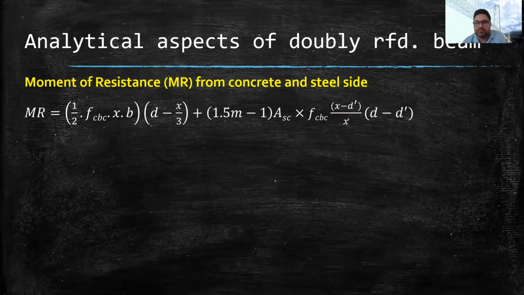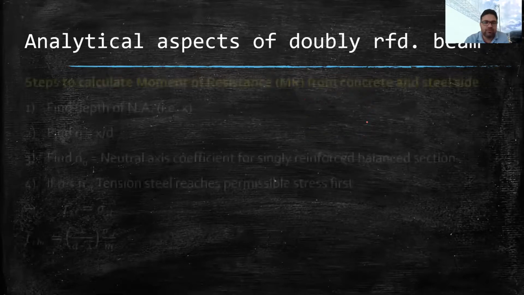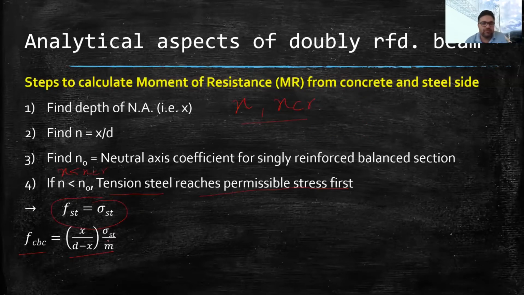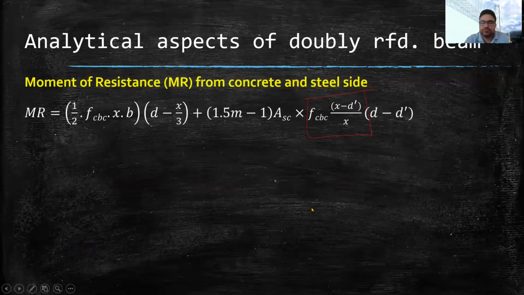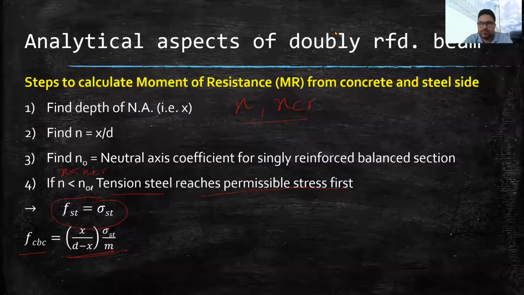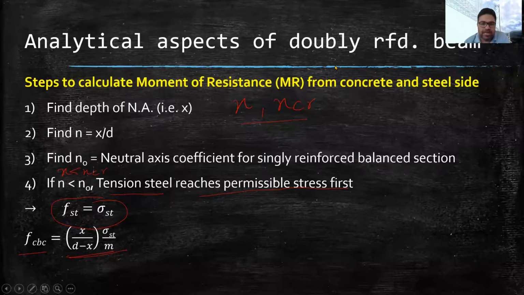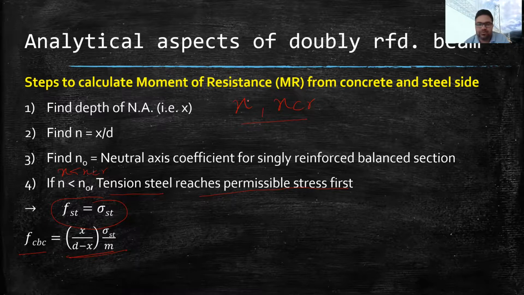There you can see this one, and this formula I'm showing from this thing. Sorry, as I said in the earlier case also, distinguishing AST1 and AST2 will be very difficult.